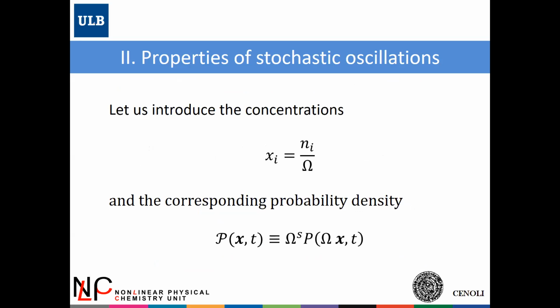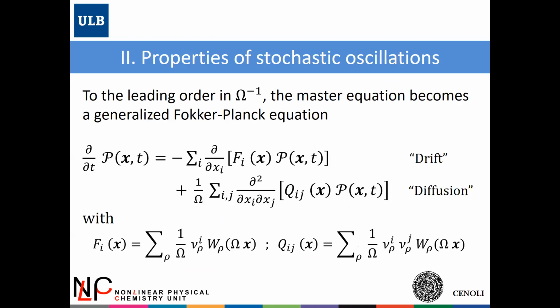We can put that back in the master equation, and to the leading order in 1 over omega, the master equation becomes a Fokker-Planck equation, where one has a drift term and a diffusion term. And in both terms, one finds transition probabilities, and also stoichiometric coefficients, here the nu rho i, which represent the number of molecules that are created or destroyed by the different reactions.